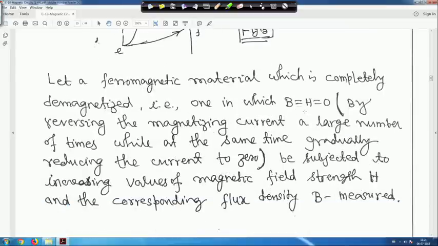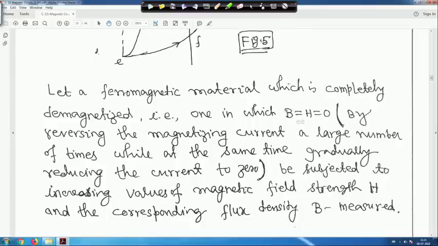That means I has to be 0. If H is equal to 0, I has to be 0, right. So what you can do is make B equal to H equal to 0 by reversing the magnetizing current I a large number of times, while at the same time gradually reducing the current to 0. That means several times you have to reverse the direction of the magnetizing current, and gradually reduce it to 0.